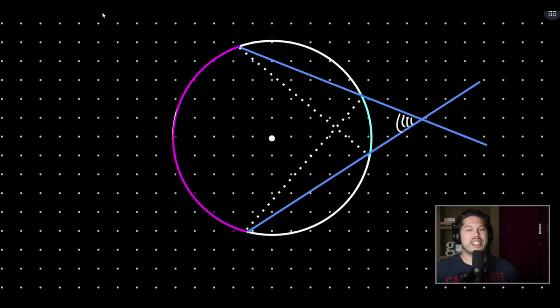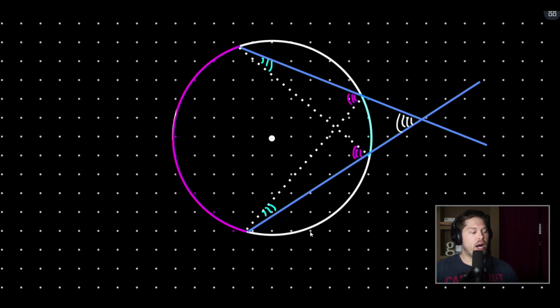So where are the inscribed angles for the blue arc measure? Well, it's right here and right here. These are the two inscribed angles for the blue arc. What about the purple arc? Well, the purple arc, it's down here and right here. Okay, so we want to relate our white angle measure to these arcs.